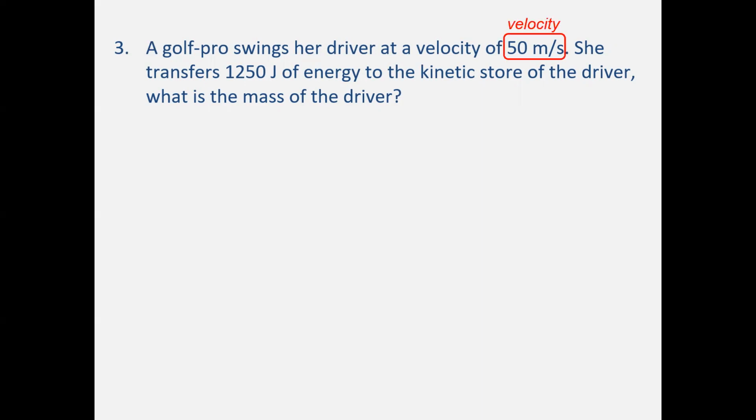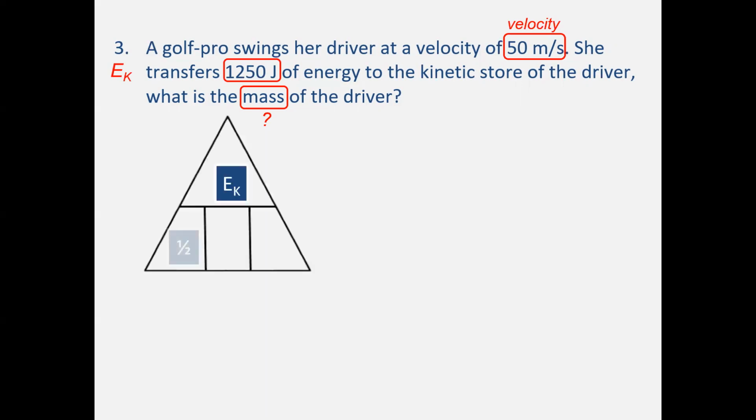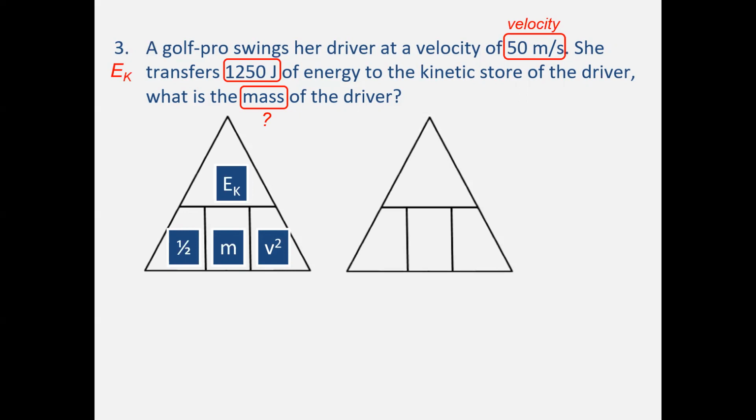Now, in this question, you're provided with the velocity of 50 meters per second. You're also provided with the kinetic energy of 1,250 joules. They're asking you to calculate the mass of the driver. So the equation for kinetic energy will need to be rearranged to make mass the subject of the equation.